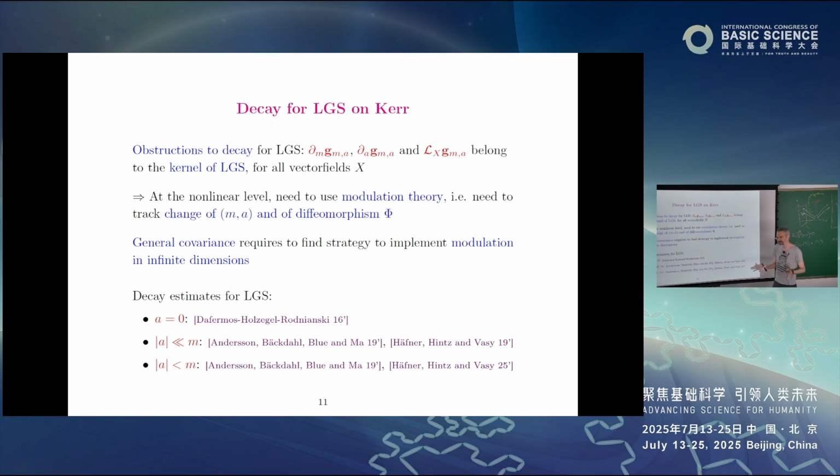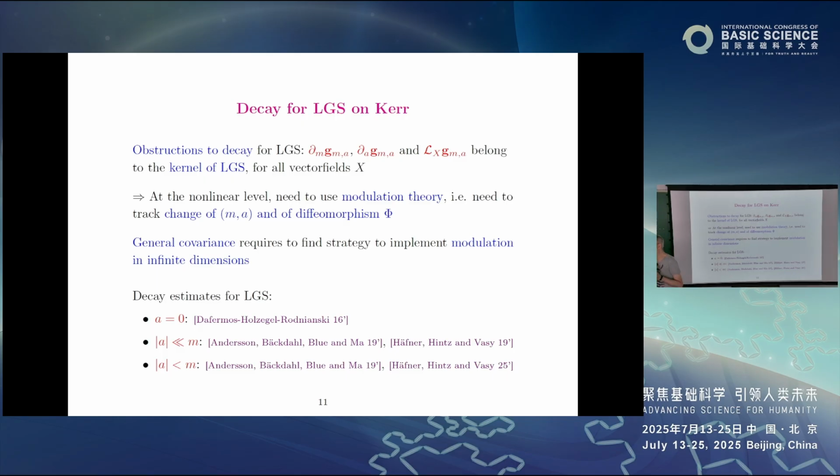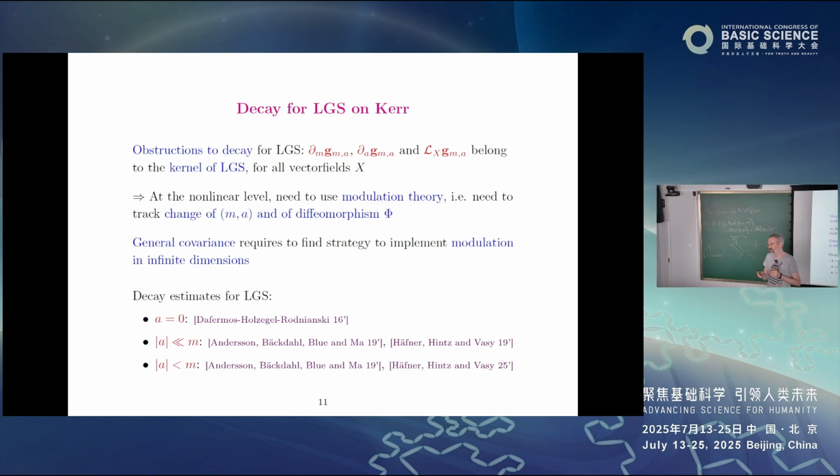It's a completely different method, right? The first thing you do in this method is you take the Fourier transform in time, and now time becomes your spectral parameter, and you just want to talk about invertibility of the corresponding elliptic operator. It's a very efficient method because it immediately allows you to prove decay.